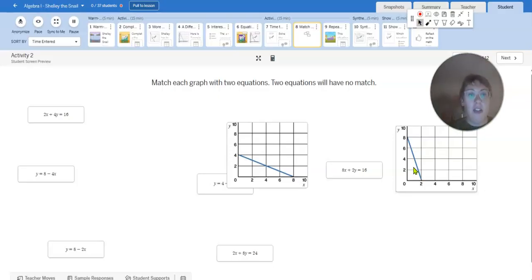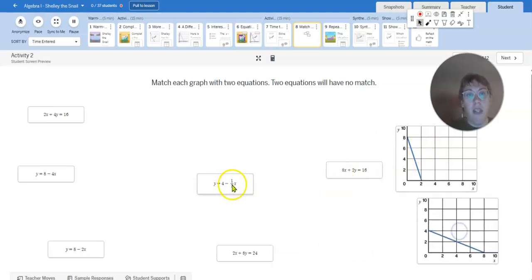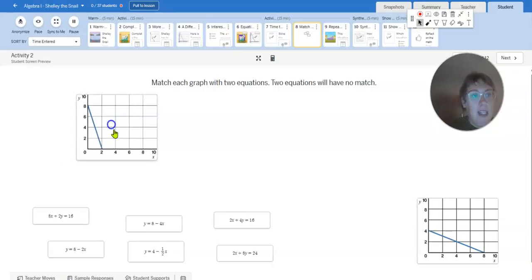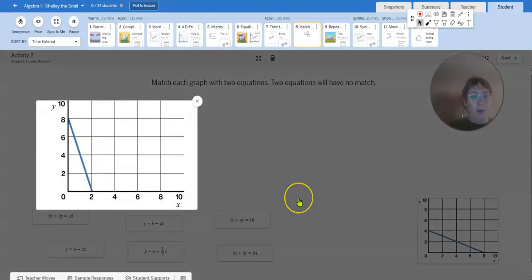Okay, match each graph with two equations. 2 of the equations will have no match. Okay. So, let's look at this graph first. What I notice about this graph is we have our y-intercept of 8 and our x-intercept of 2.